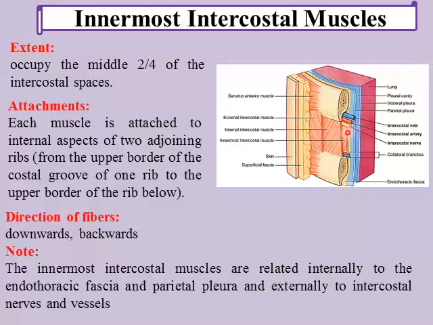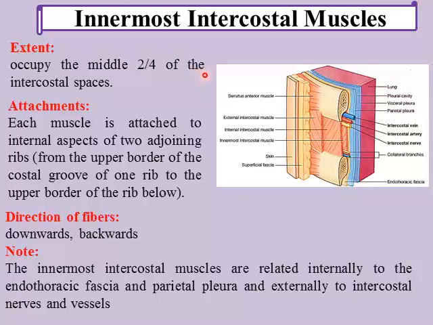They are the third layer, but they don't occupy the whole wall of the thorax. They occupy only the lateral side of the thorax, the middle two-fourths of the intercostal space. How?